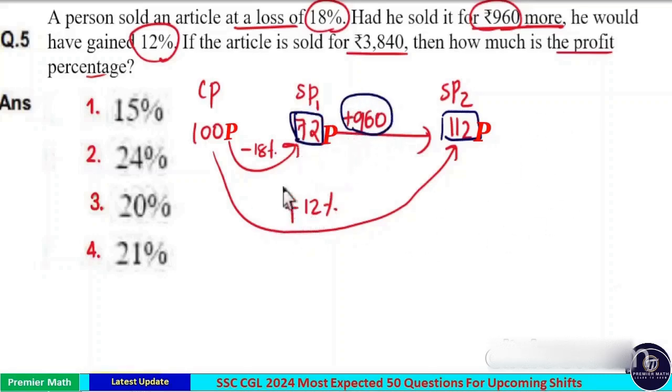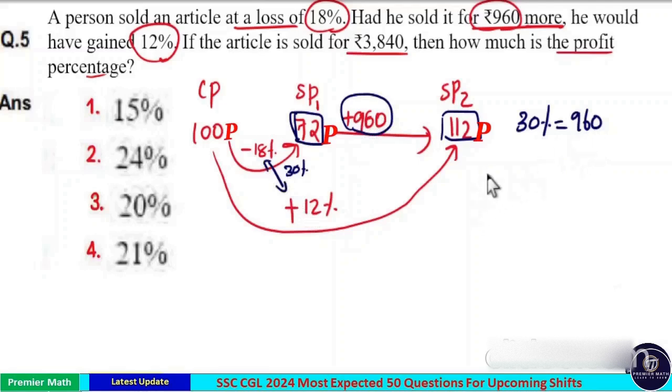So 12% profit and 18% loss, the difference is equal to 30%. 12 plus 18 is 30%, which means this 30% is the same as this 960 rupees, because the second sell price is at 12% profit, the first sell price is at 18% loss, which means second sell price minus first sell price is 960, which is equal to 30%.